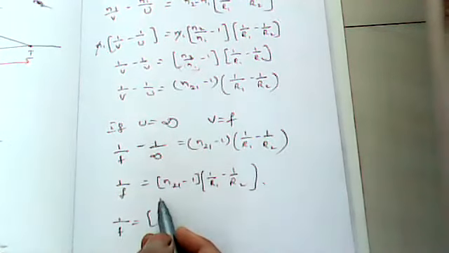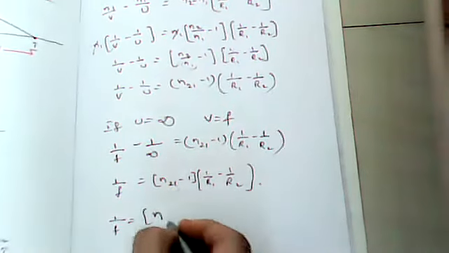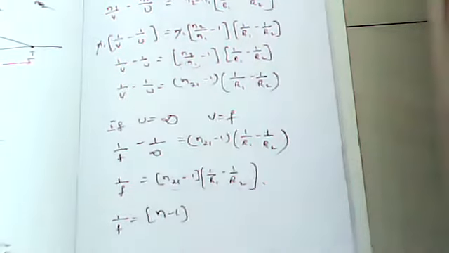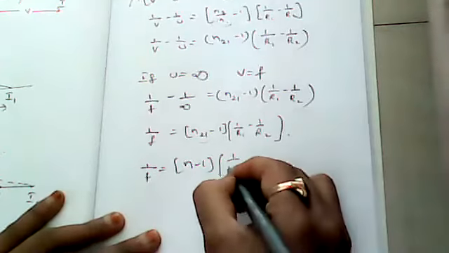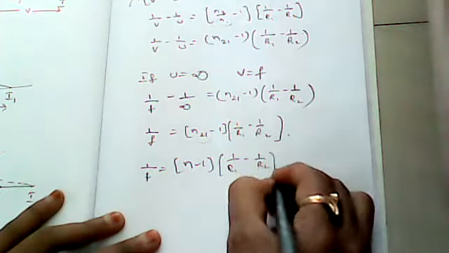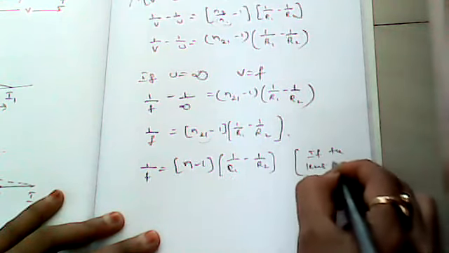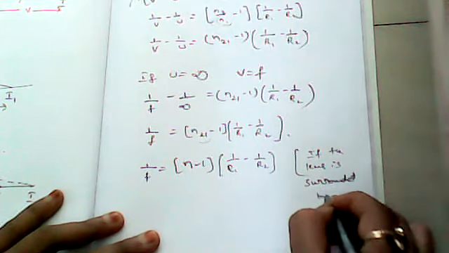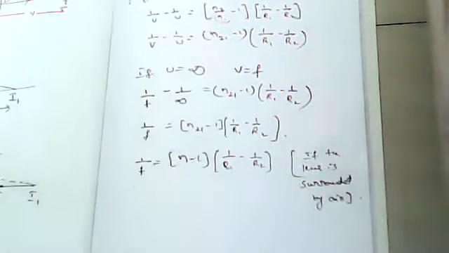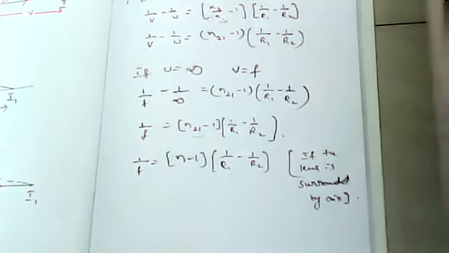N2 ನೇ ಬರೋದು. ಹಂಗಾಗಿ ಇದನ್ನ ನಾವು ಜಸ್ಟ್ ಡೈರೆಕ್ಟ್ n ಅಂತ ಹಾಕಬಹುದು if it is surrounded by air, into 1 by R1 minus 1 by R2. ಇದು ಯಾವಾಗ? If the lens is surrounded by air ಅಂತ ಹೇಳ್ತೀವಿ. Okay, right. So which we call the Lens-Maker's formula.